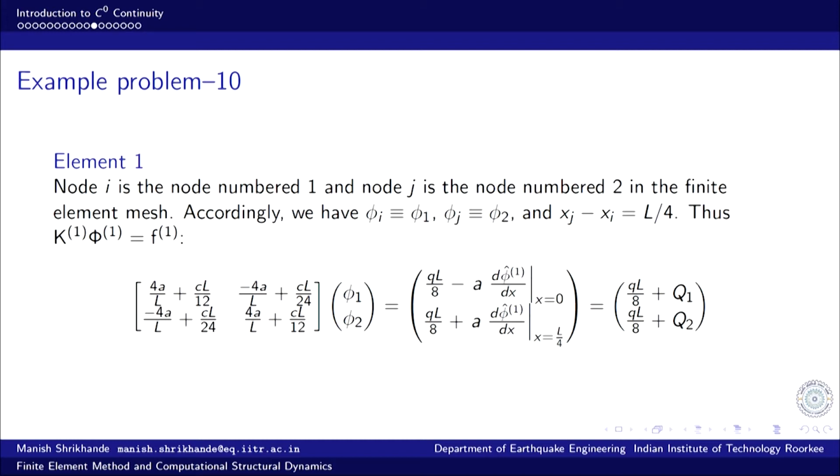So, that is phi_2, and the length of the element is the difference between the two coordinates, x_j minus x_i, which is equal to L by 4.